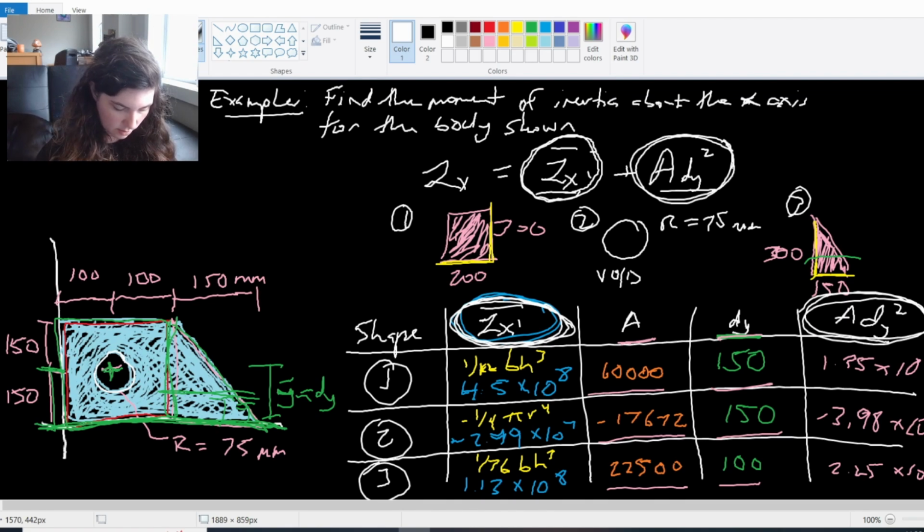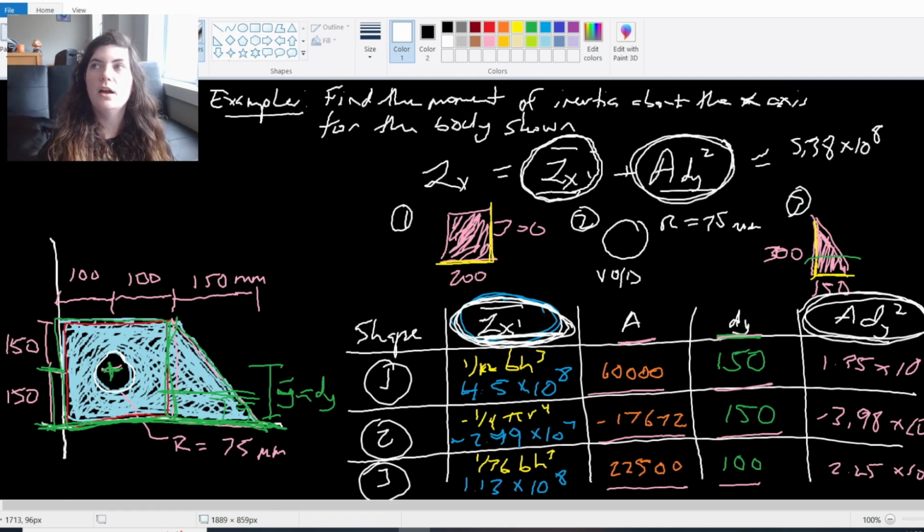When I add all of my centroid moment of inertia terms, I get 5.38 times 10 to the 8th. And then I do my A dy squared terms, adding all of those together down the line.